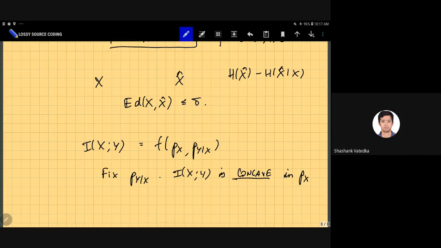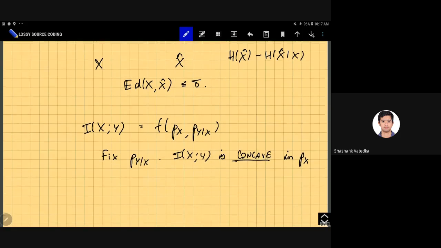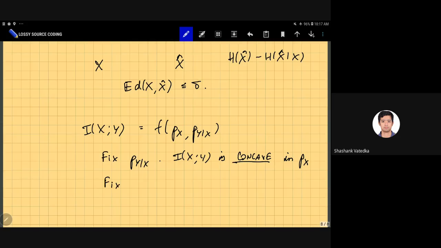And recall that the channel capacity is the maximum of the mutual information over all possible p_X. So since it's a concave function, the maximum is going to be some interior point in general, right? But on the other hand, if I fix p_X as I'm doing in the lossy compression problem, then what can you say about I(X;Y) as a function of p(y|x)?